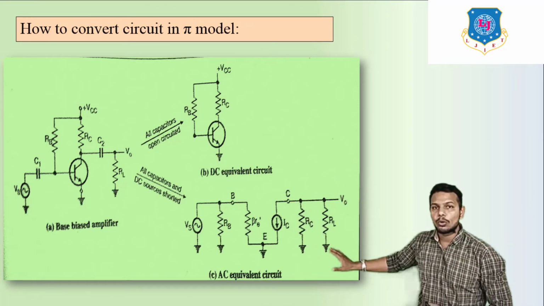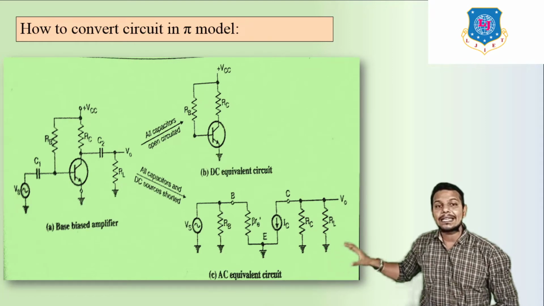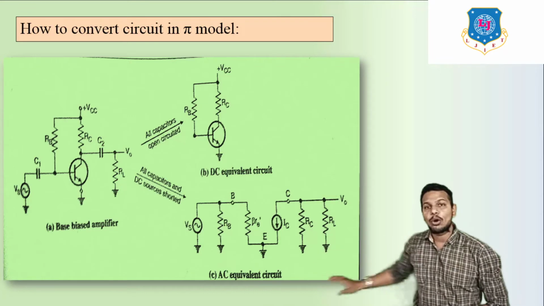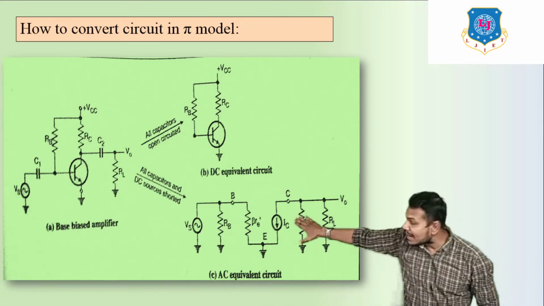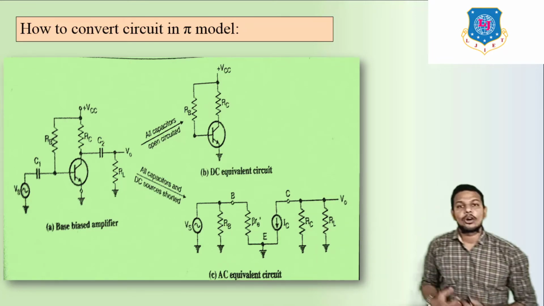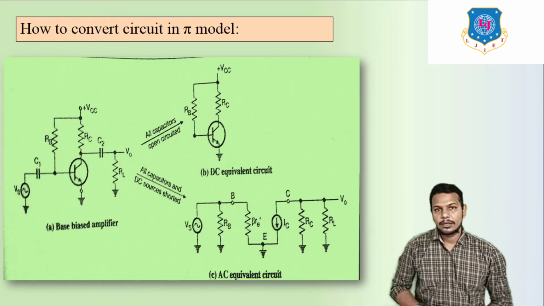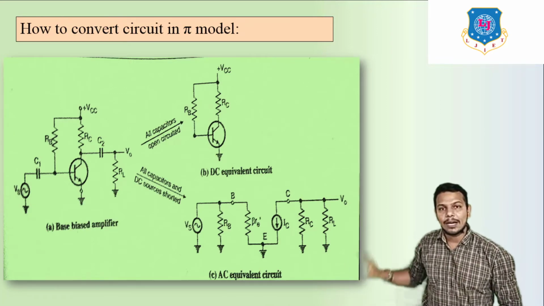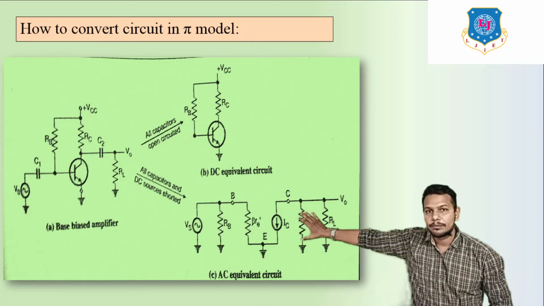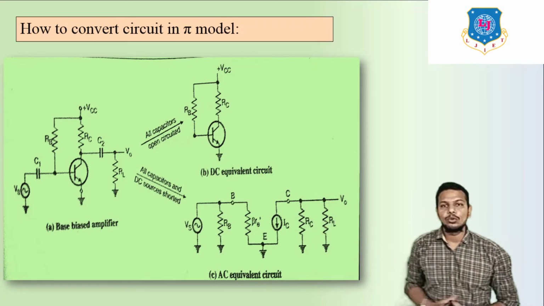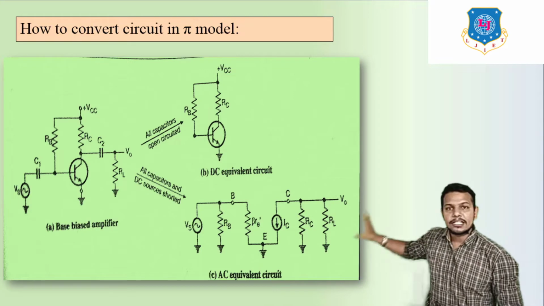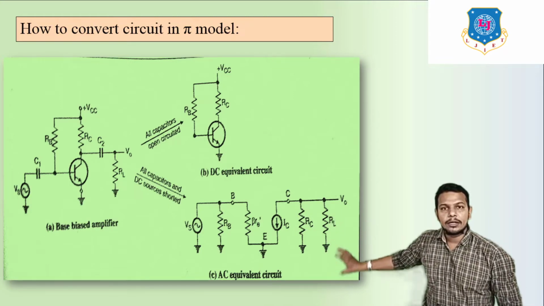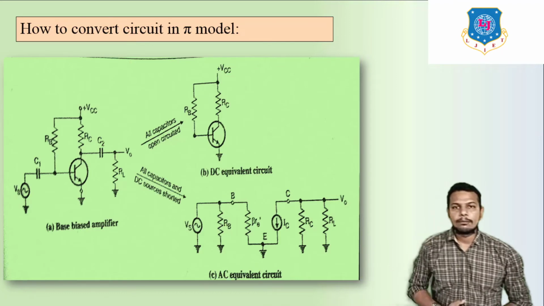Now below we can see the AC equivalent circuit. How can we draw this type of equivalent circuit from the main circuit? That is your AC analysis. So this is the AC equivalent circuit, and it comes from the main circuit. For that we have to plot, instead of the NPN transistor, a pi model or T model.